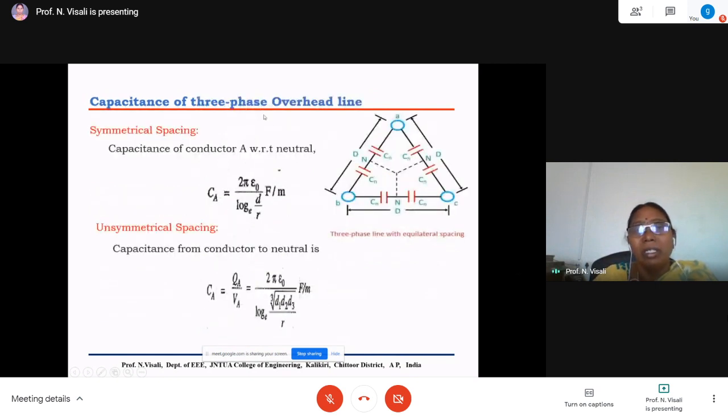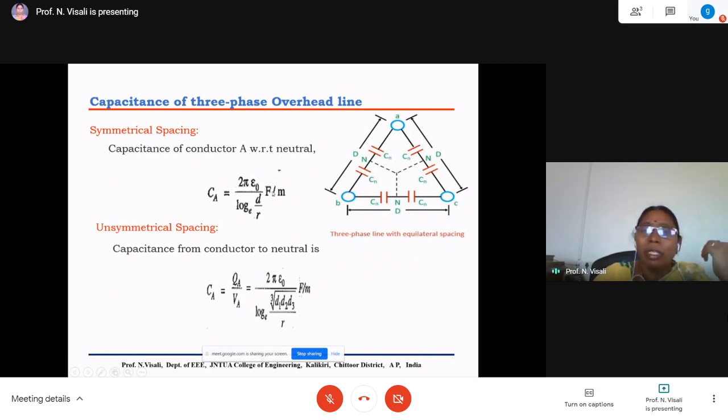Then similarly, the capacitance of a three-phase overhead line. These conductors are placed with equal spacing between the conductors. Whenever there is equal spacing, the capacitance of conductor A is 2 pi epsilon naught divided by ln d by r, when you consider the neutral point, because that 2 will be there.